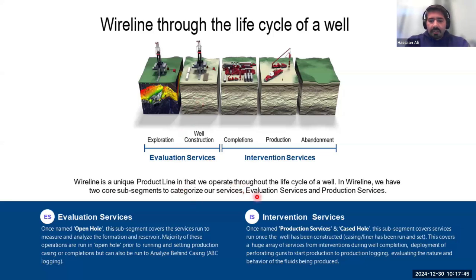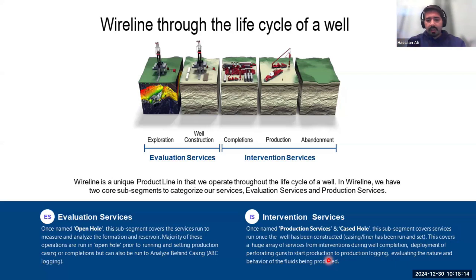Then intervention services used to be called cased hole services. Effectively, these are the services that we perform once the well has been constructed. That means your casing has been set, your tubing has been run, your liner has been set. And these contain a huge array of services all the way from well intervention, that means setting plugs, opening up valves, opening up sleeves, and deployment of perforating guns where the guns are actually deployed into the well.